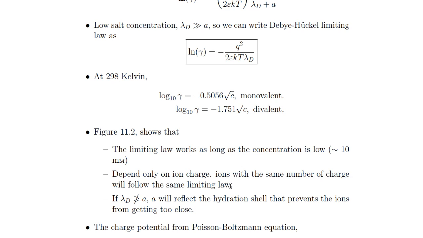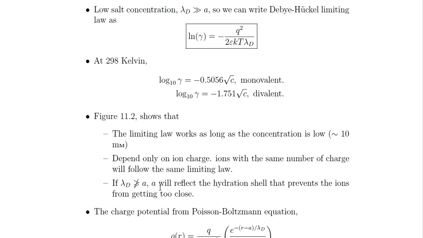Meaning that if we have Na plus and K plus, for example, both have the same charge of plus one, so we can simplify and treat Na plus as K plus.